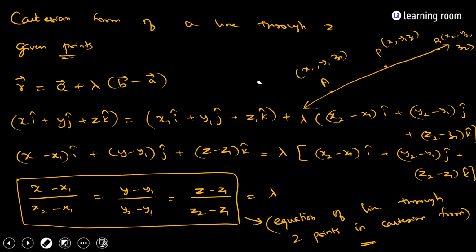So this is all about the equation of a line in the Cartesian form. Am I clear?